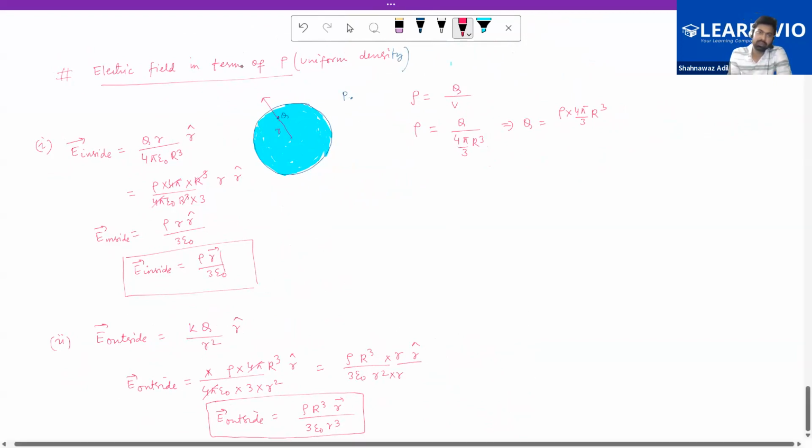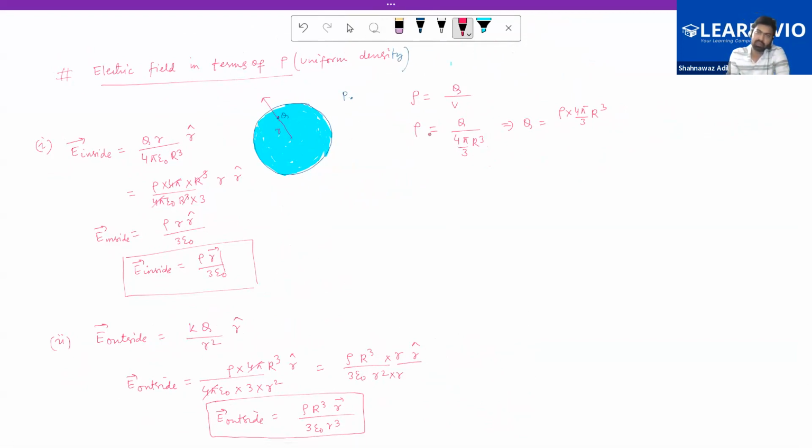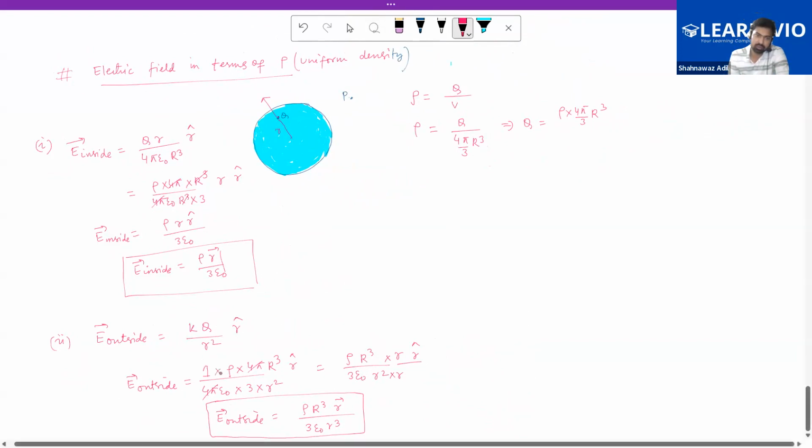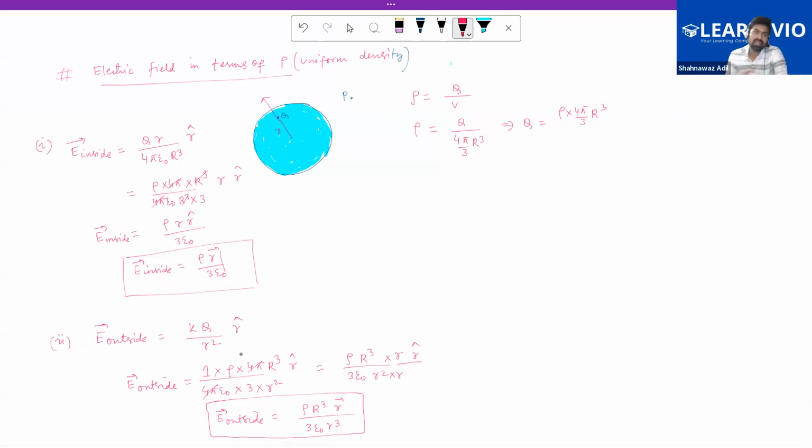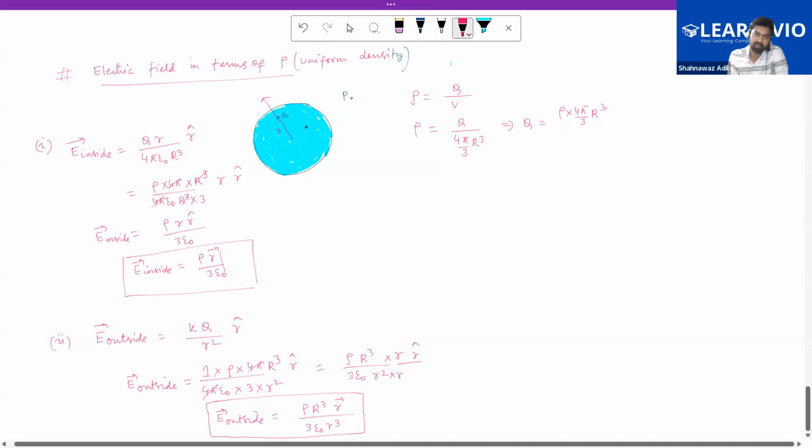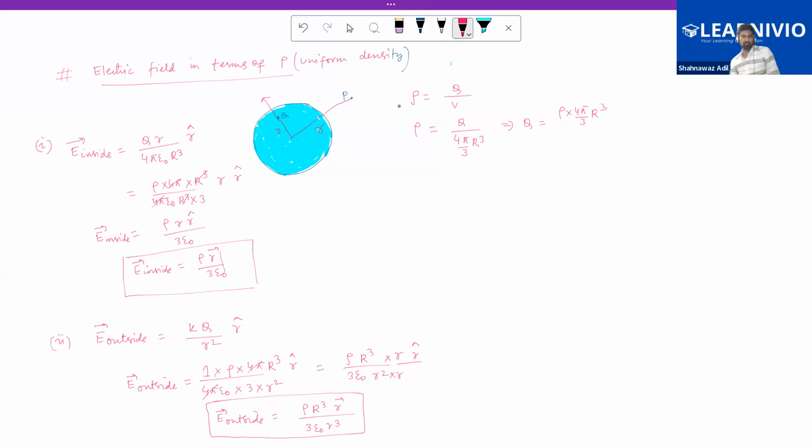Whenever you have noted, just tell me. So I should write E Q and E P. You know these two parts, right? So this is some R, and this R is varying from inside to outside. So what is this?